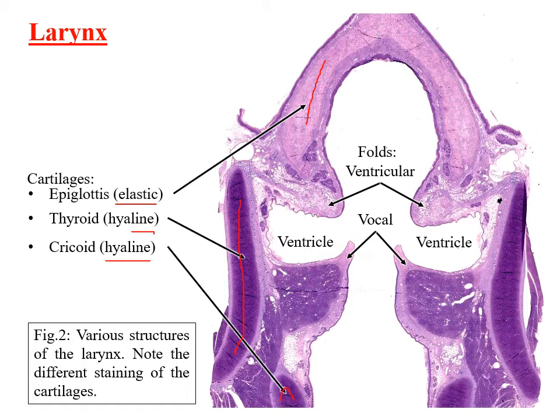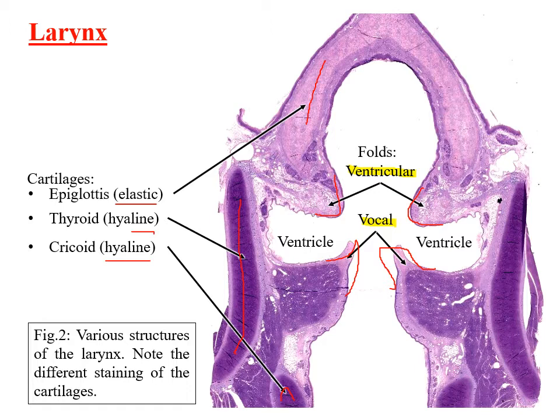Also, we have these folds of mucosa, a pair of superior folds and a pair of inferior folds. Here you have the ventricular folds and the vocal folds.